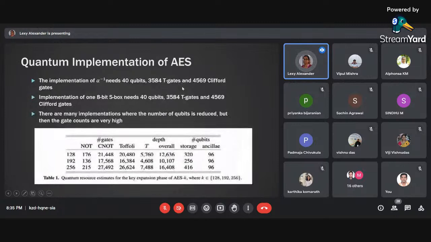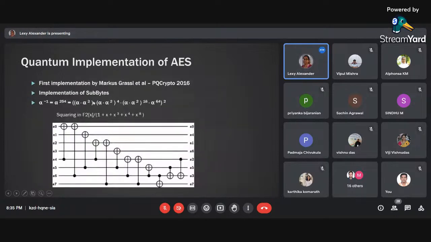I'm giving only some details of SubBytes. In SubBytes we need to implement the inverse of the input, that is, alpha inverse, which is alpha to the power 254, calculated in the finite field F2 power 8.